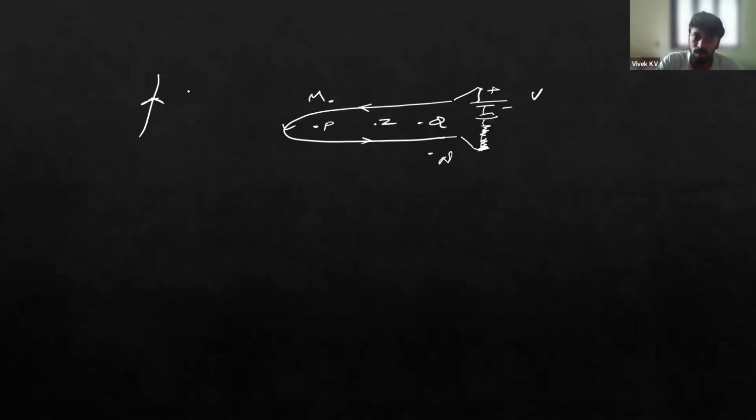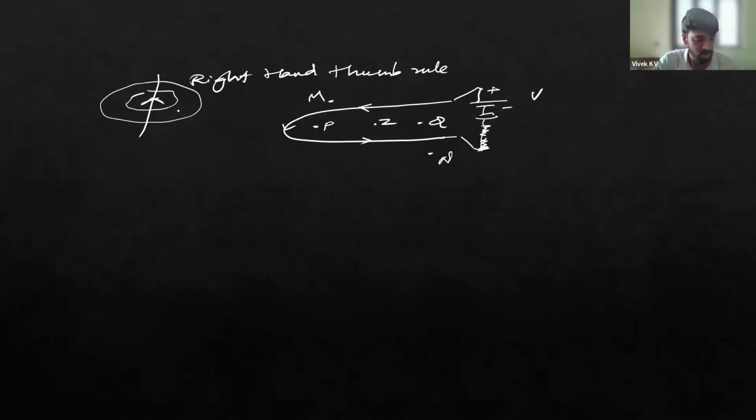So what does the right hand thumb rule state? If I am pointing the thumb in the direction of current, the curling of the remaining fingers will be the direction of magnetic field around the conductor. So for a straight conductor, the shape of the magnetic field will be concentric circles.